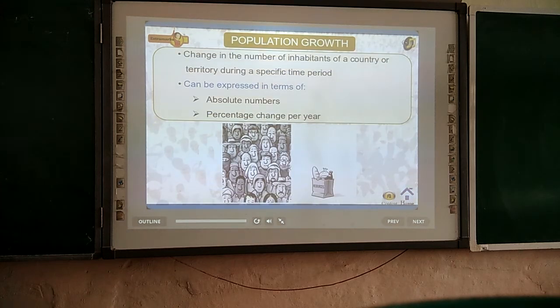Population growth is the change in the number of inhabitants of a country or territory during a specific time period. It can be expressed in terms of absolute numbers and percentage change per year.